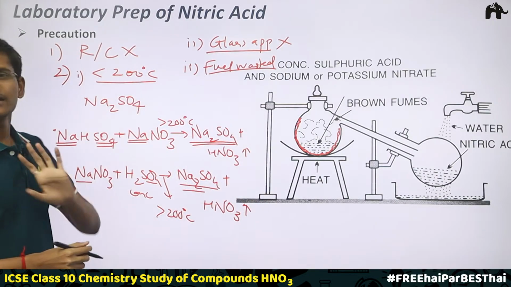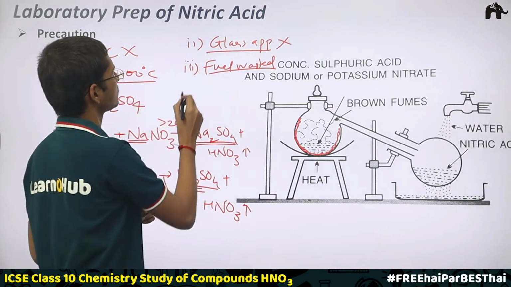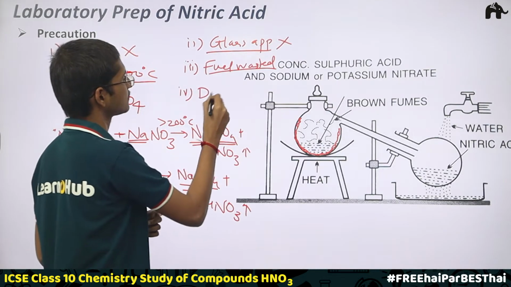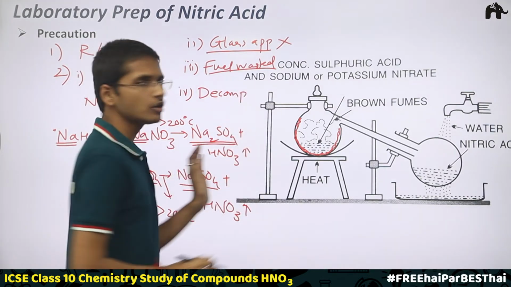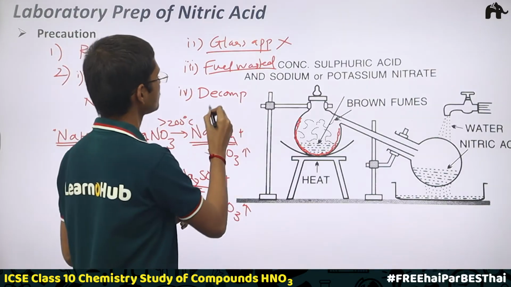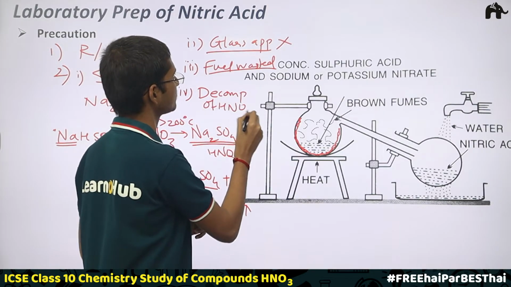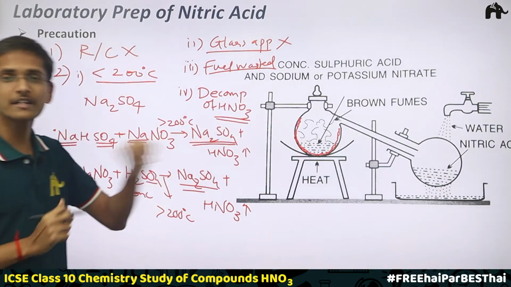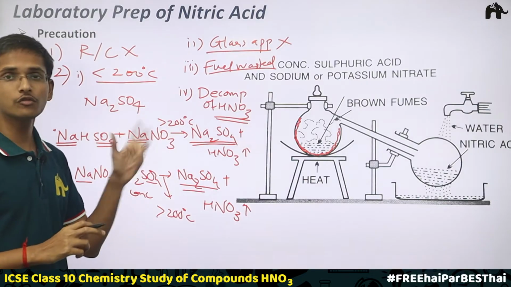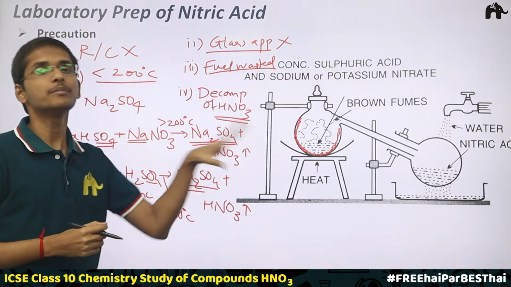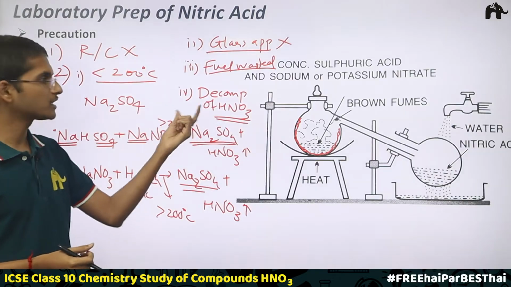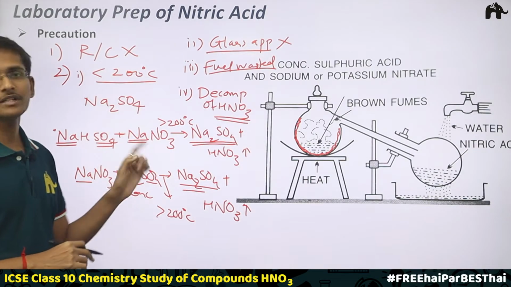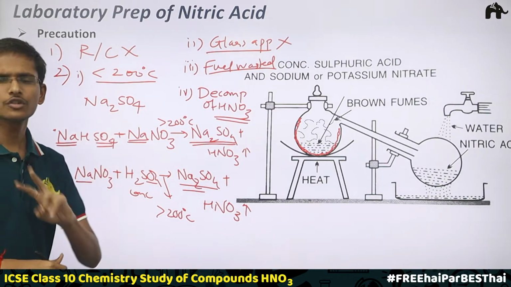And one more thing is, if we would increase the temperature beyond 200 degrees Celsius, decomposition of nitric acid would start to take place, and we want nitric acid to get prepared. We don't want nitric acid to decompose. So that's the very important thing which we don't want, and this would happen if we would go beyond 200 degrees Celsius. So this was the second thing.